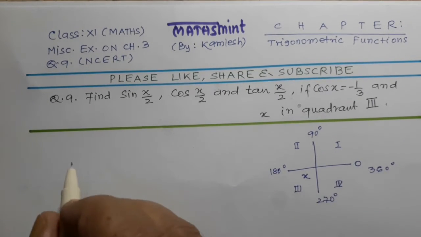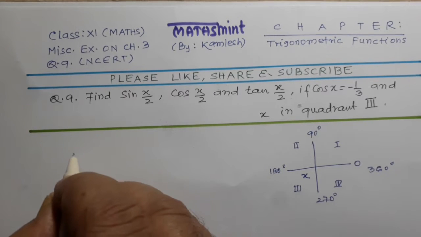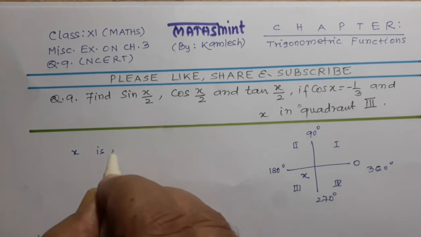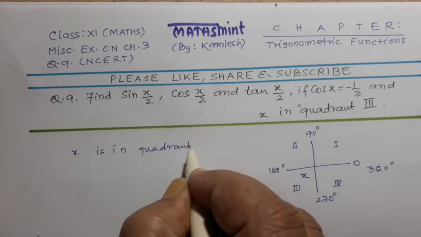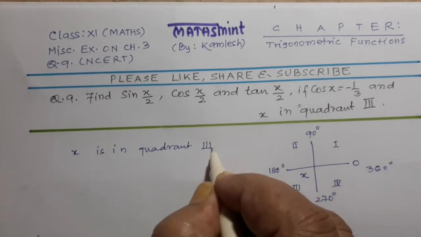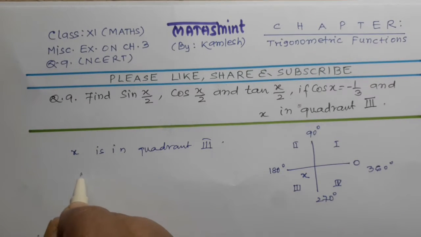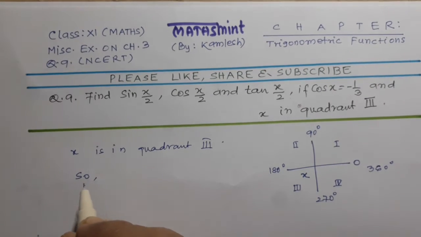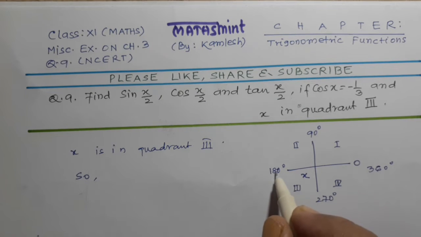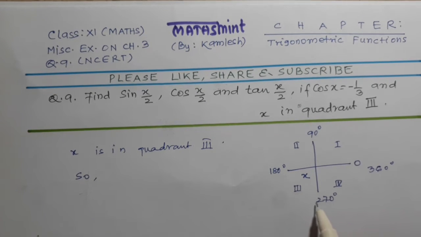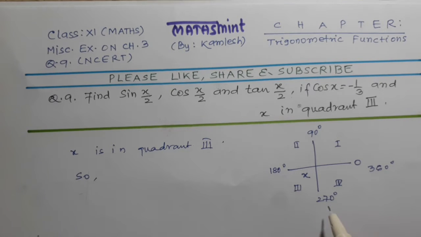We shall write, x is in quadrant 3. So x is greater than 180 degree but smaller than 270 degree, right?